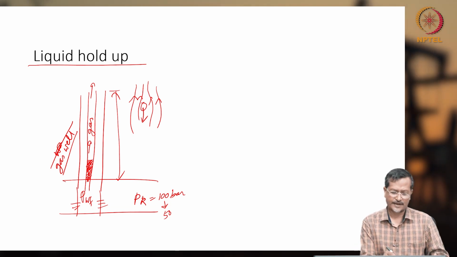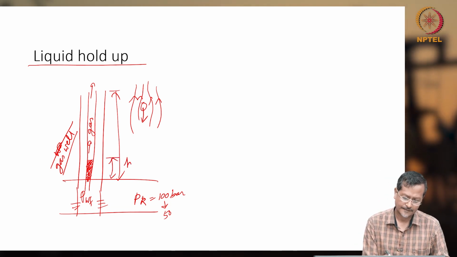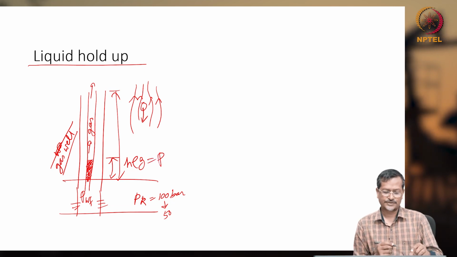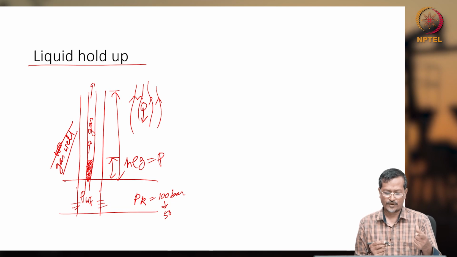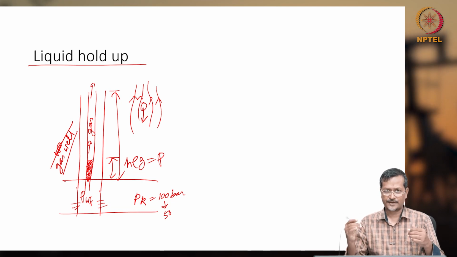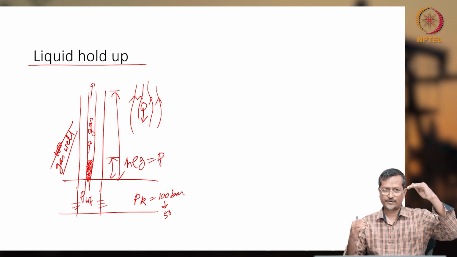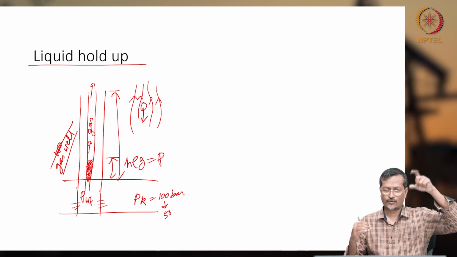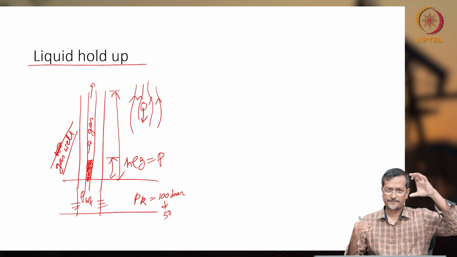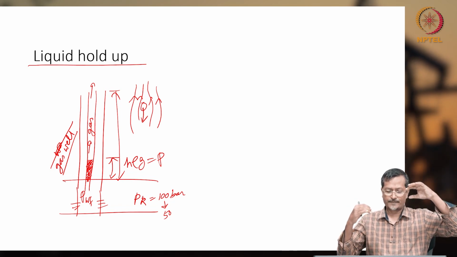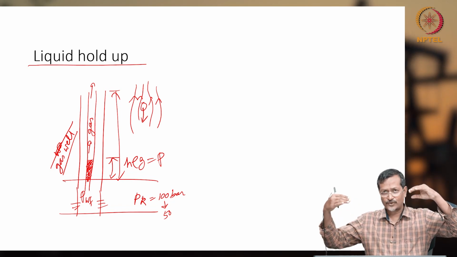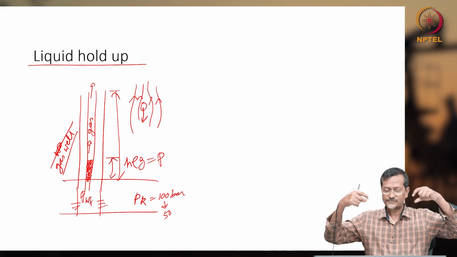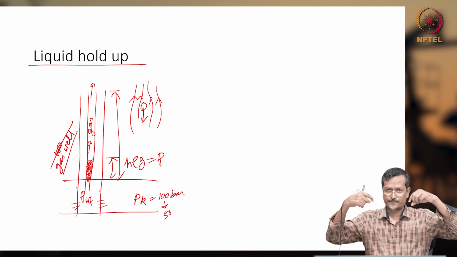Now you have a certain amount of liquid, so this column pressure becomes P. Now the reservoir pressure is 50 bar, and if the column pressure of this liquid, the water and oil mixture, H rho G, becomes almost 50 bar, then what will happen? This reservoir fluid will not try to enter the wellbore because the pressure difference is almost 0.